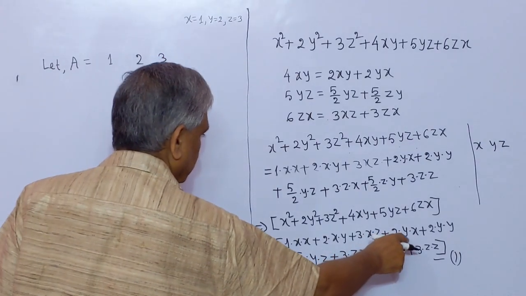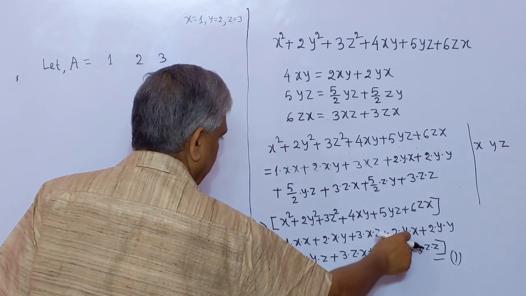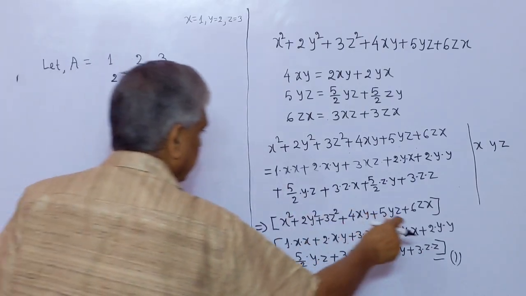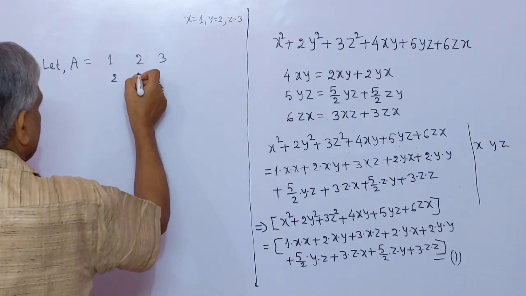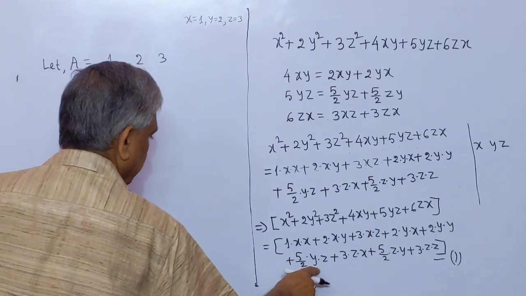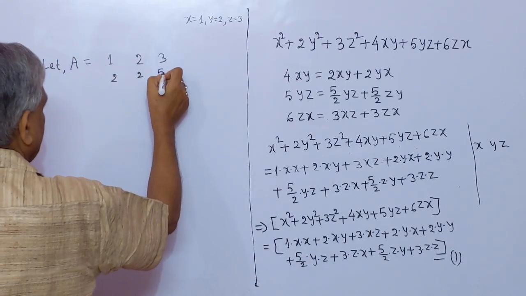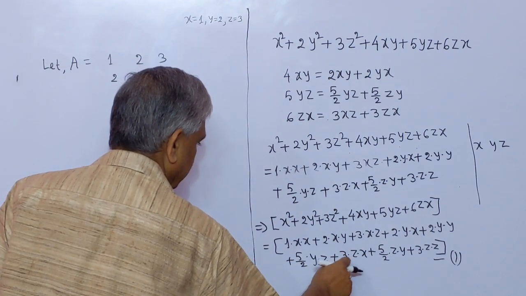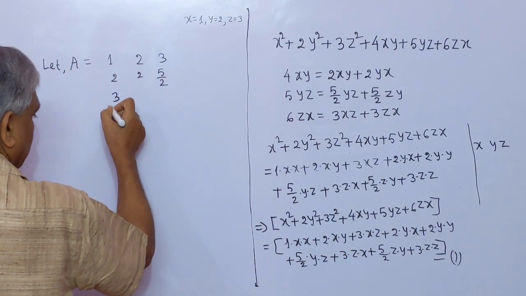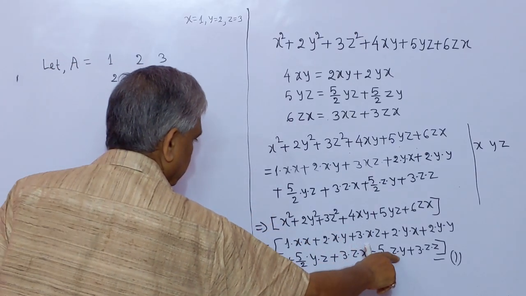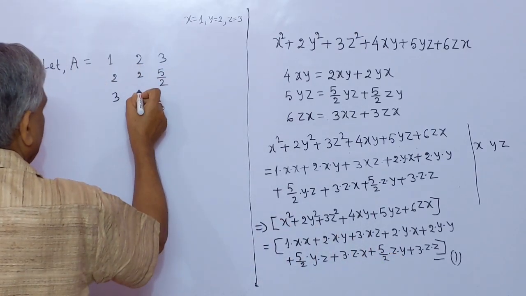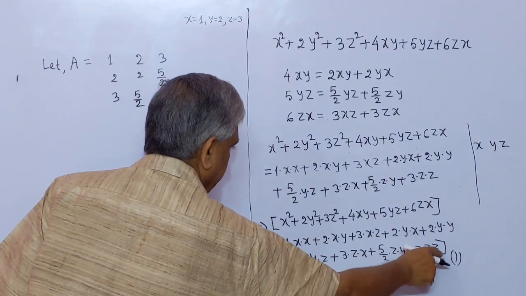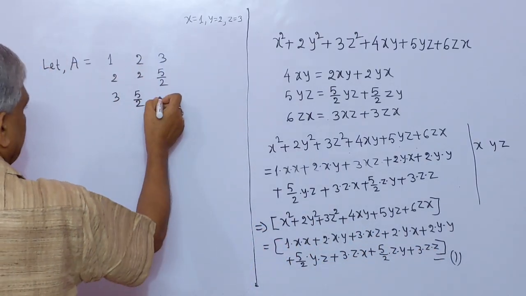Now y: 2, 1 position, coefficient 2. Here 2, 2 position, coefficient 2. 2, 3 position, coefficient 5 by 2. Here z equal to 3: 3, 1 position, coefficient 3. 3, 2 position, coefficient 5 by 2. 3, 3 position, coefficient 3.